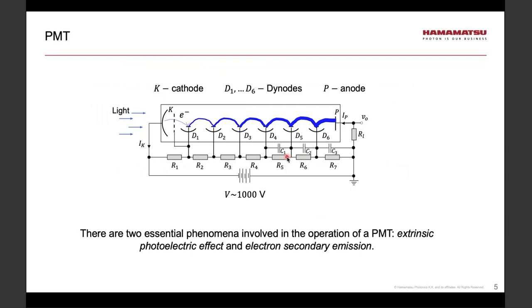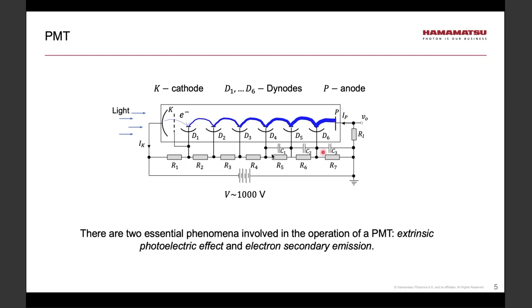It contains three essential parts or components. The photocathode, symbolized with letter K, and then a sequence of dynodes, symbolized with letter D. D1, D2 means the first dynode, second dynode, etc. And finally, one more essential component, P, stands for an anode.